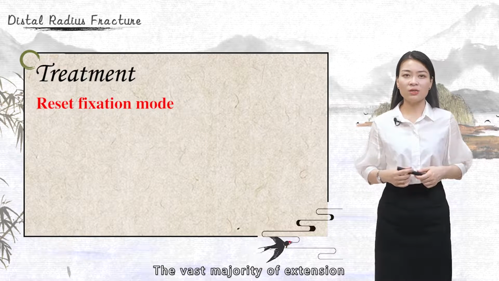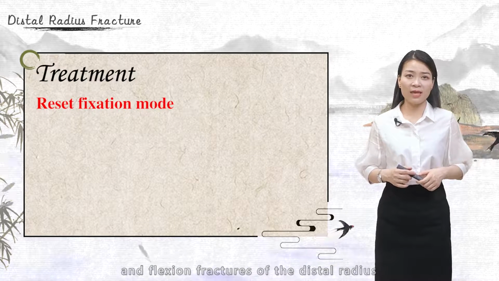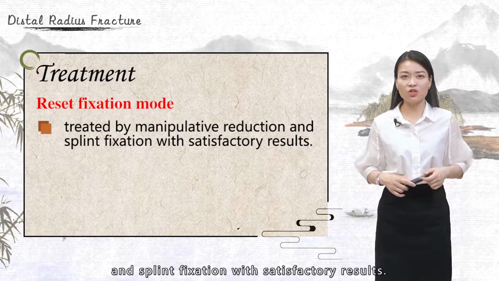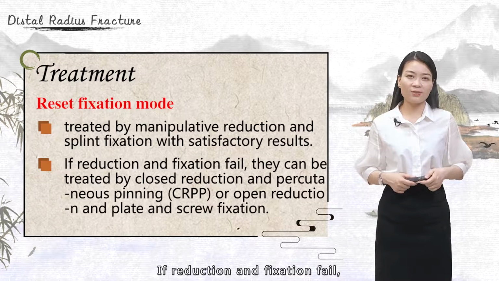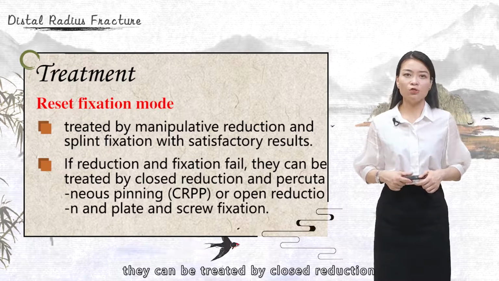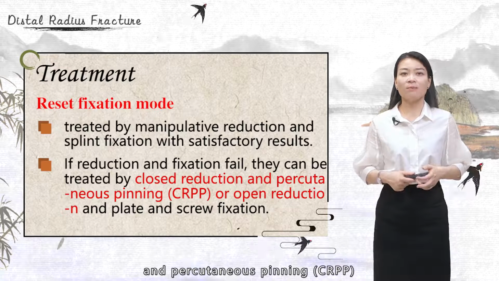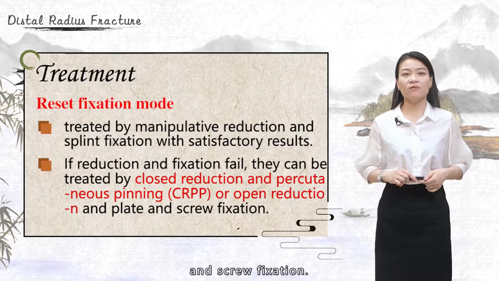The vast majority of extension and flexion fractures of the distal radius can be treated by manipulative reduction and splint fixation with satisfactory results. If reduction and fixation fail, they can be treated by closed reduction and percutaneous pinning, or open reduction and plate and screw fixation.